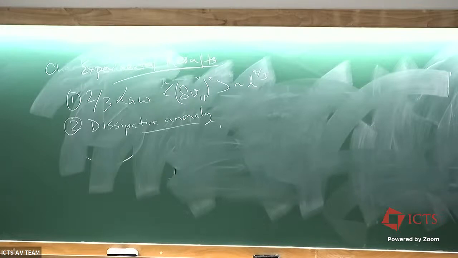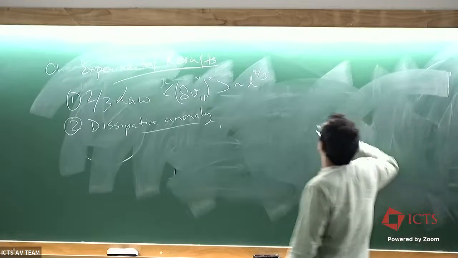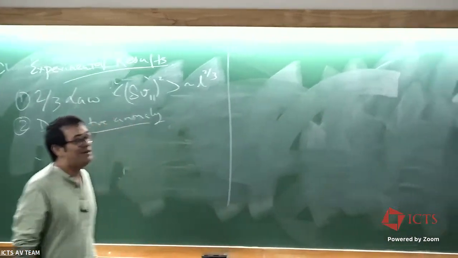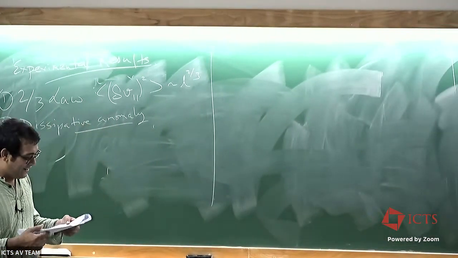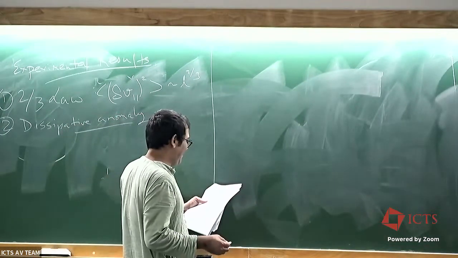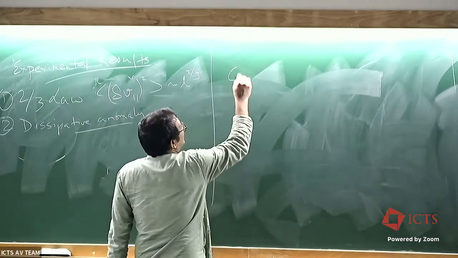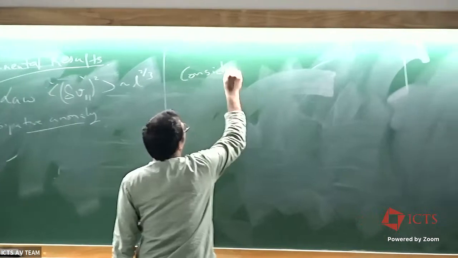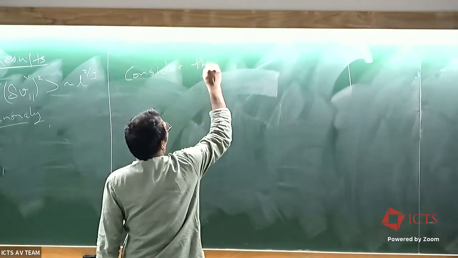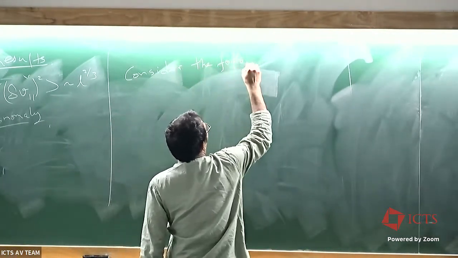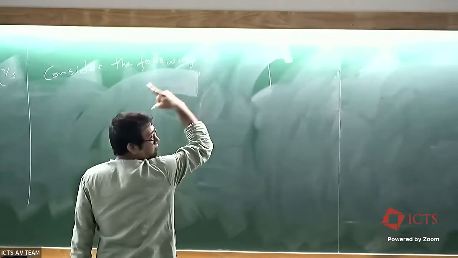So I won't do Kolmogorov because I've got bored of doing it. So let's look at the following. Consider the following function. Ritik, it's not visible, right?